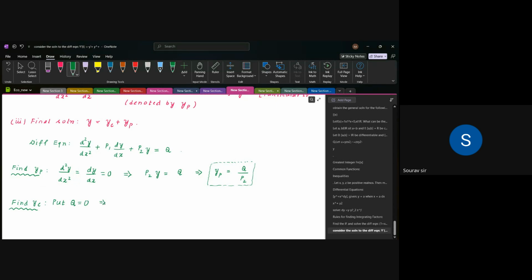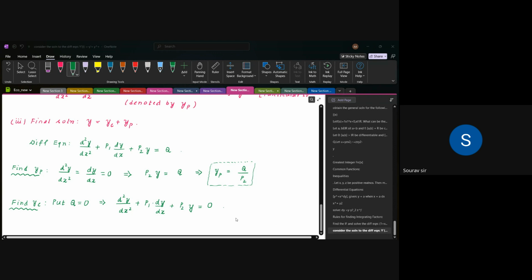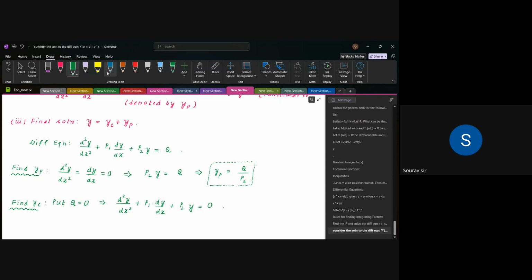If I put q equals to 0, then this is my differential equation, and I need to solve it. Now, how do we start with this? There's a very simple technique to go about this. Let me write this down step by step so that you all understand.